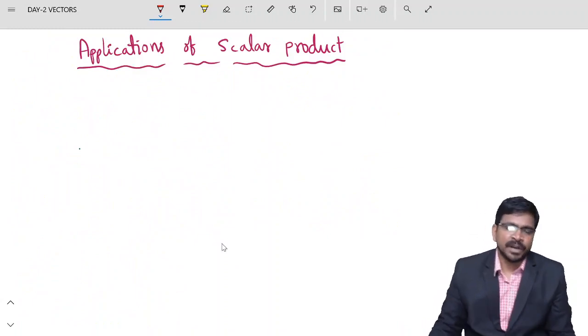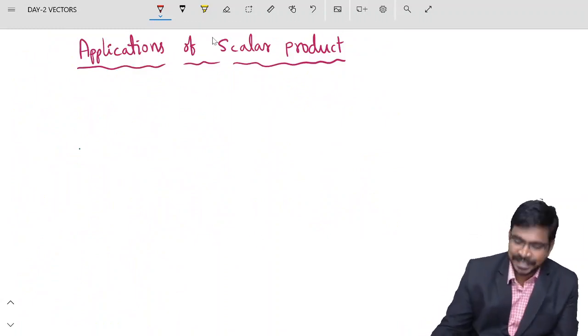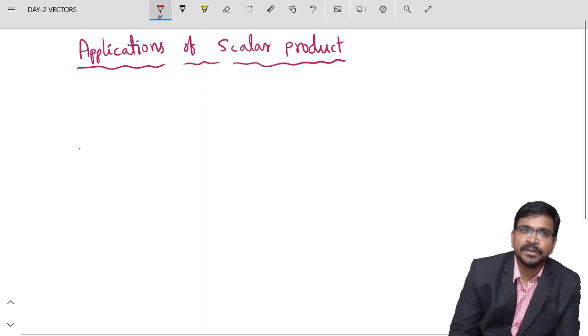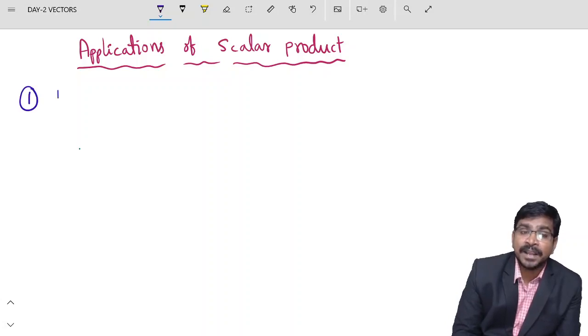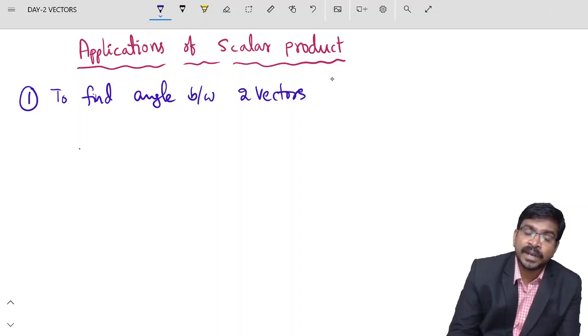Application of scalar product. Where do we apply it? We apply the scalar product whenever we need it for a couple of types of problems. First one, to find the angle between two vectors. Here two vectors will be given in rectangular form.